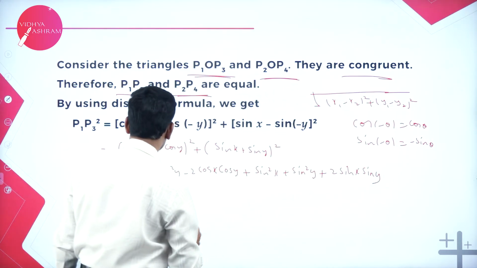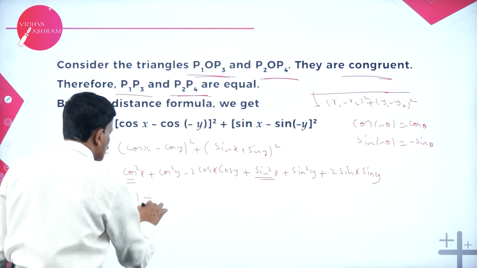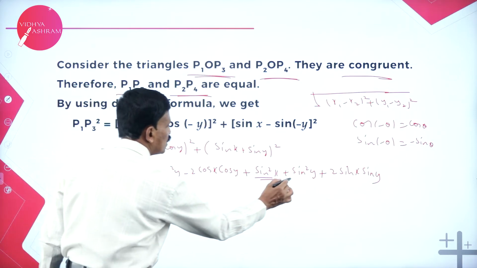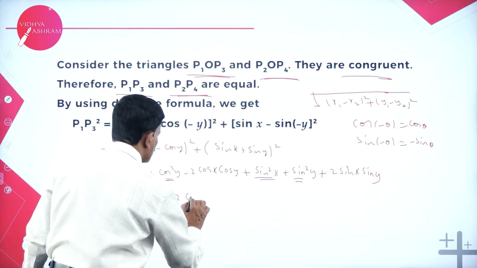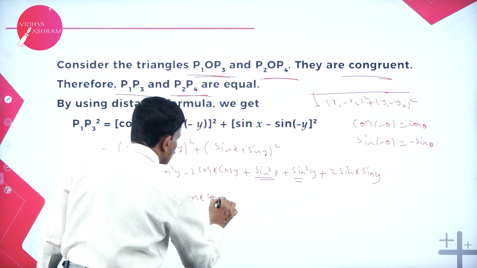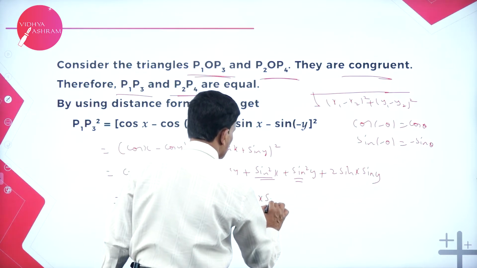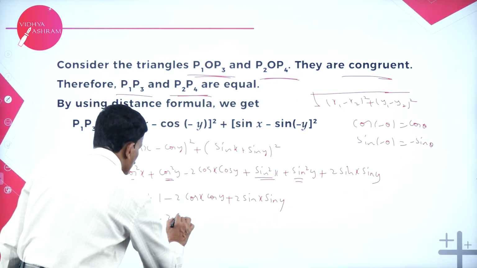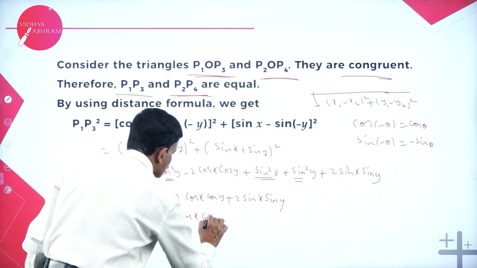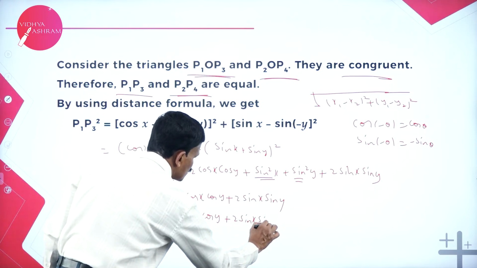Now group these terms: cos square x plus sin square x is 1, again cos square y plus sin square y is equal to 1, and what is remaining is minus 2 cos x cos y plus 2 sin x sin y. So this can be written as 1 plus 1 is 2, minus 2 cos x cos y plus 2 sin x sin y.